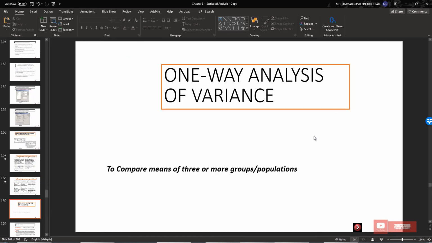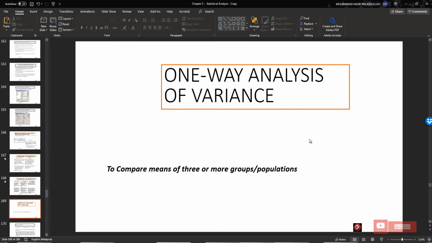Okay, one-way ANOVA, one-way analysis of variance. It's similar to the independent sample t-test. Right, in the independent sample t-test, we have two independent groups, and then we want to measure the difference in mean between the two groups.